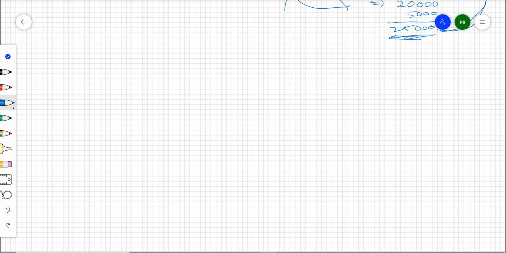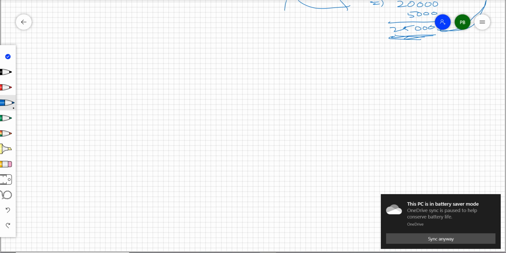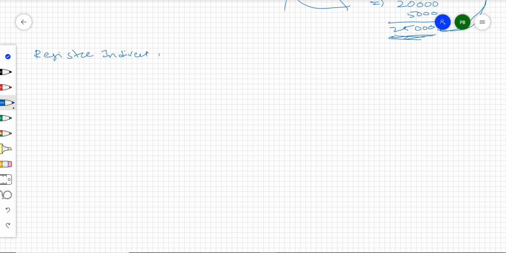So what are the other addressing modes? We have seen immediate addressing mode, direct addressing mode, register addressing mode. Now the relative register addressing mode, or register indirect addressing mode, of the 8086 microprocessor. You can see an example here.